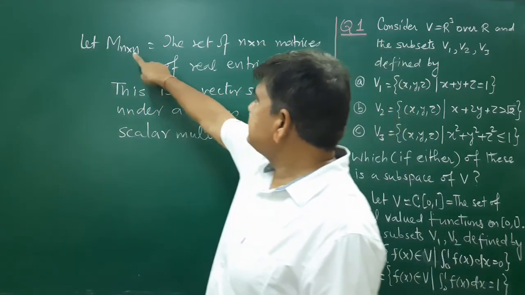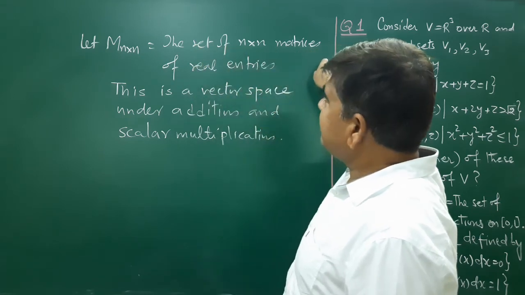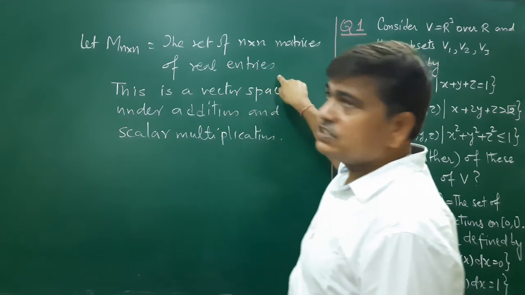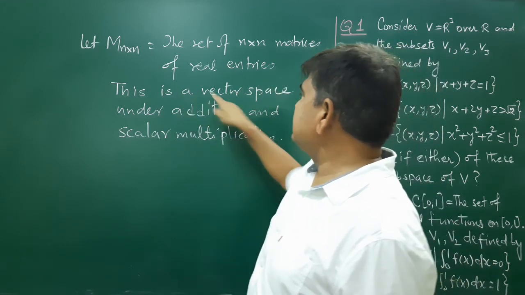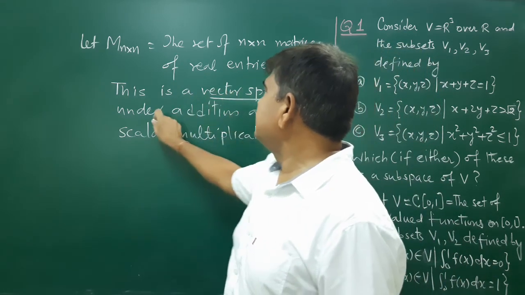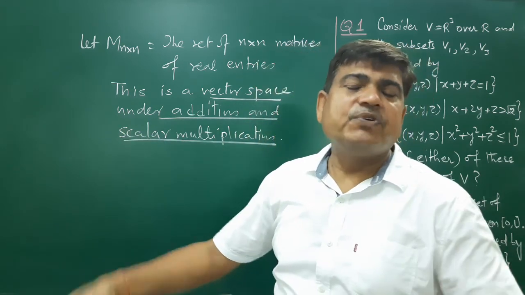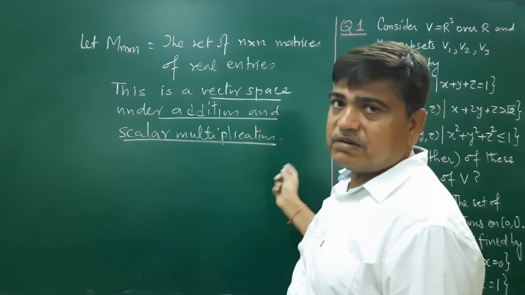That means all the entries of these matrices are real numbers. We have already proved this is a vector space under component-wise addition and scalar multiplication.